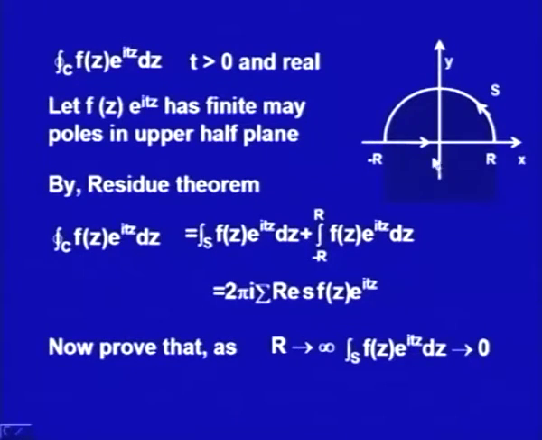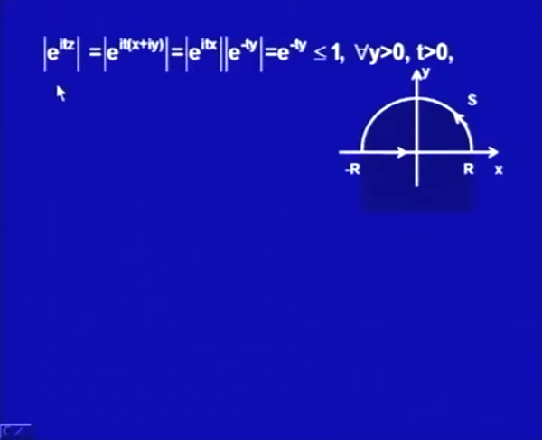So, let us first see this portion here. Let us take my integrand f(z) e to the power i t z. Let us first see what e to the power i t z is. Here z is a complex number, we could write it as x plus i y.